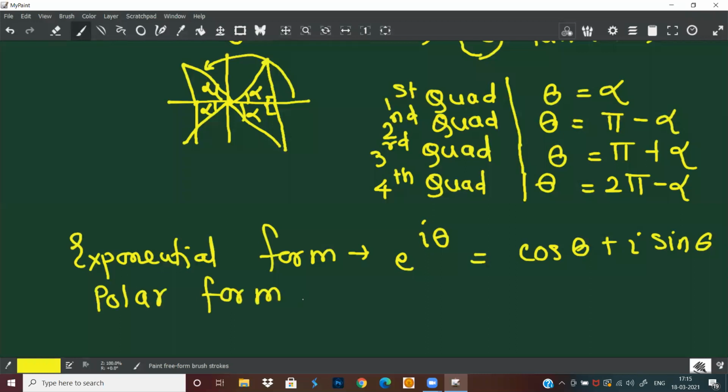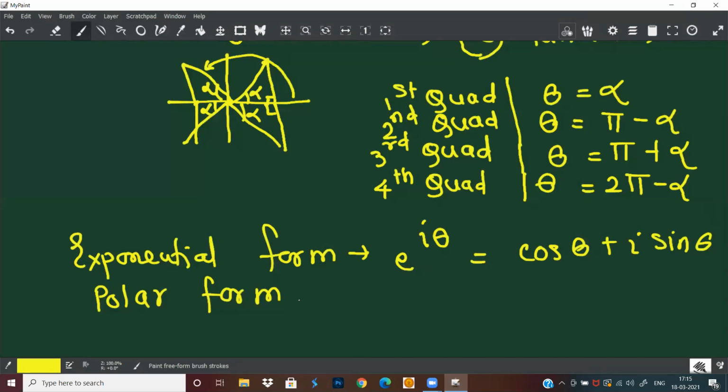2 pi minus alpha, not 2 pi. 2 pi minus alpha I have written better. Yes, it's not 2 pi. See why I am not taking 3 pi by 2?